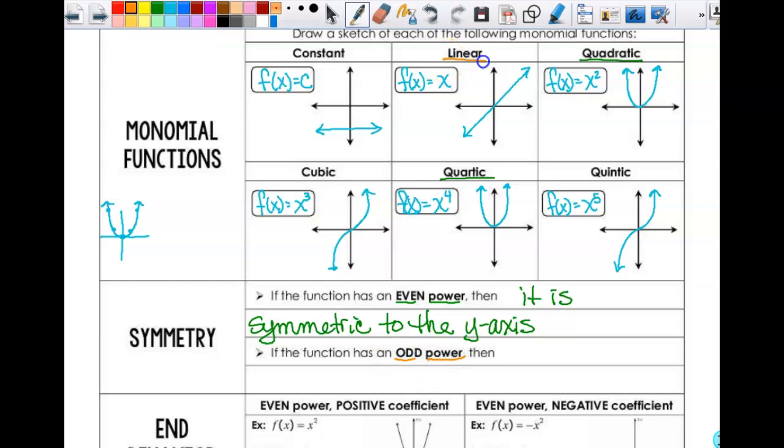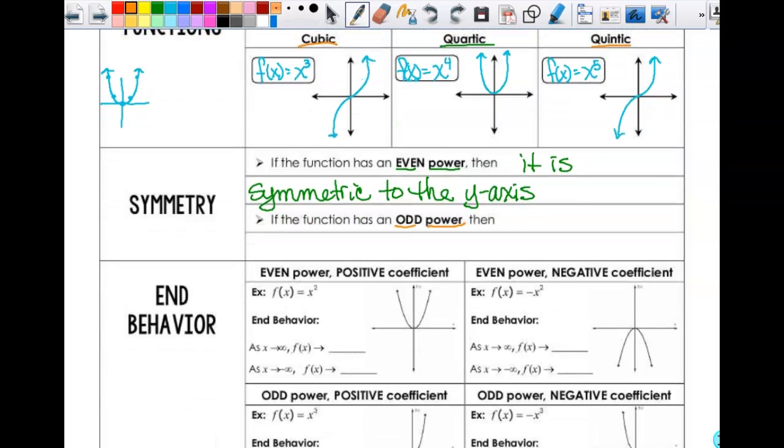So our odd powers are linear, cubic, quintic. These are, so it says if the function has an odd power, then it is symmetric to, now it doesn't have line symmetry like the parabola does, but it does have rotational symmetry.